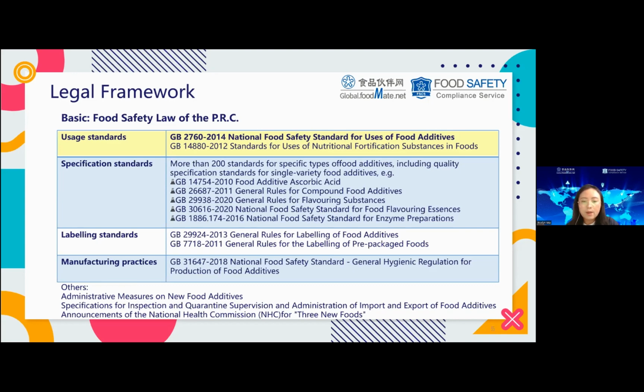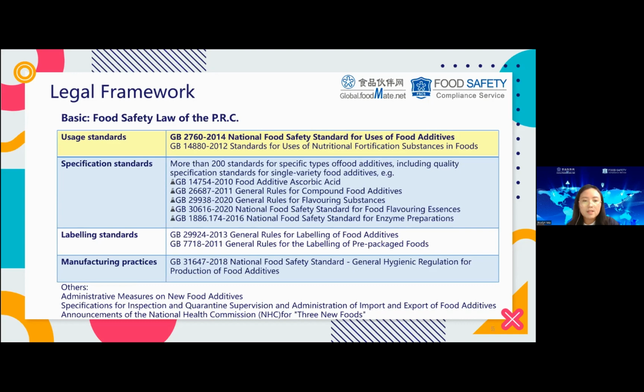Therefore, if you want to check the standards for food additives, you need to refer not only to the GB2760, but also check the announcement. And I would like to recommend our company's database, which provides the convenient way to search for the food additives. You don't have to separately check the announcement as our database integrates all the relevant information. And I will show you how to use the database later.